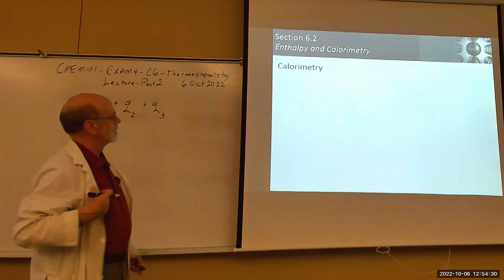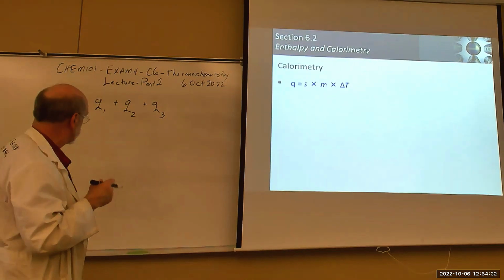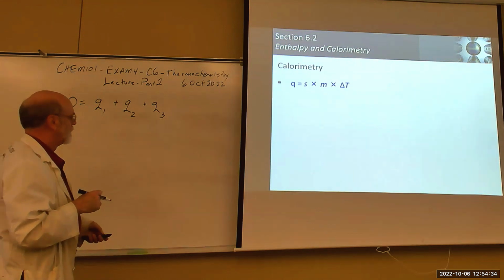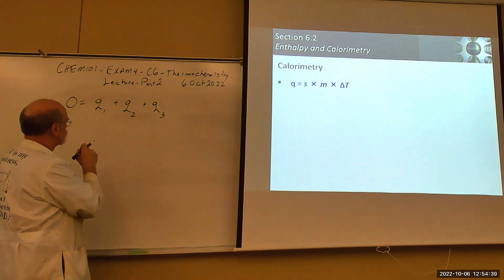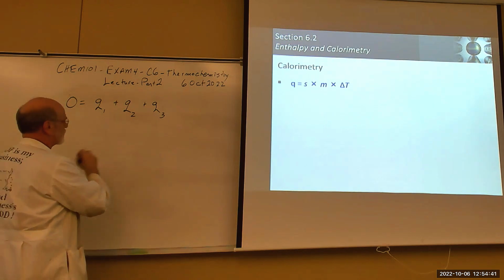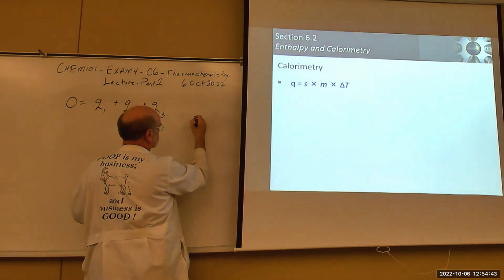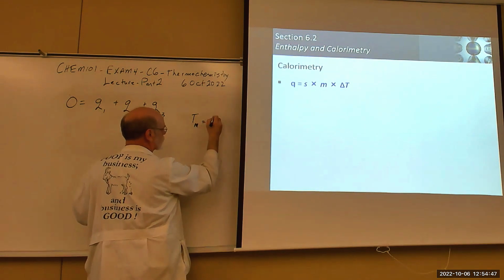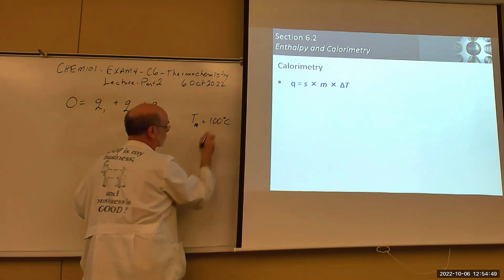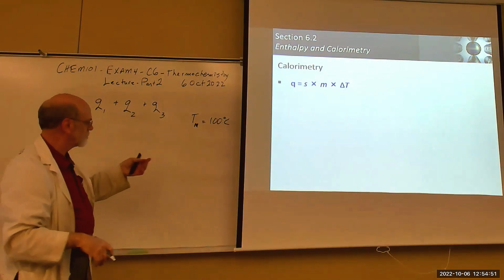Okay. Let's see. Okay, here's our calculation. All right, let's say we drop the metal in, and let's make a table over here. Let's say the temperature of the metal is equal to 100 degrees. Right? We have it in boiling water.